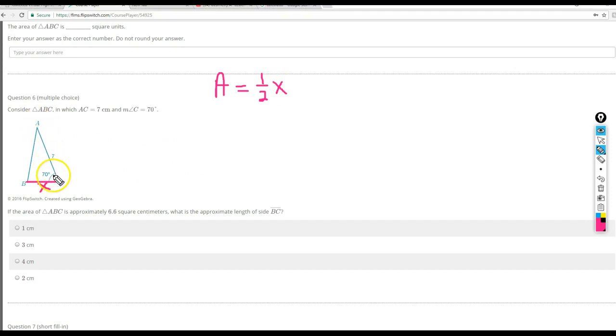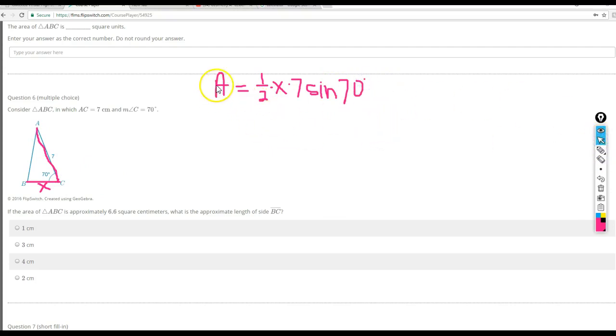So then times the other adjacent side length, which is 7, and we're going to multiply it by the sine of our included angle, which is 70 degrees, so sine of 70 degrees.